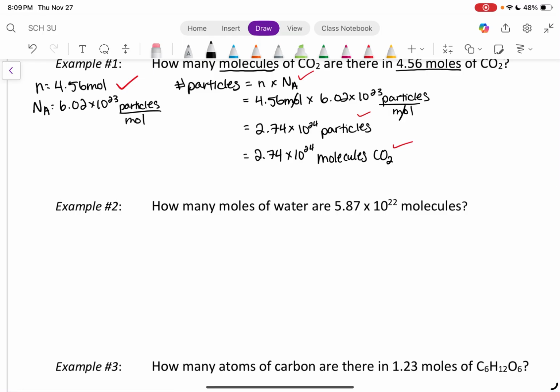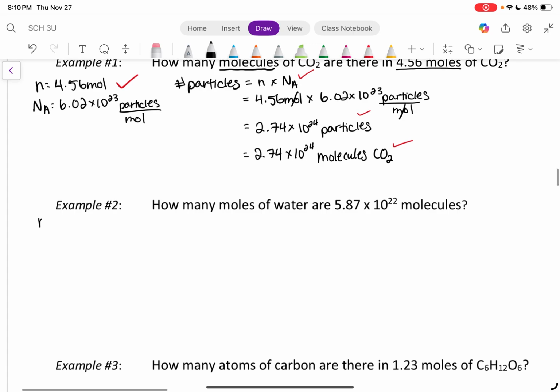So now I'm being asked, how many moles of water are 5.87 times 10 to the 22 molecules? Right, so how many moles, so I'm looking for the number of moles, are in, so I was given my number of particles. Remember that molecules means particles.